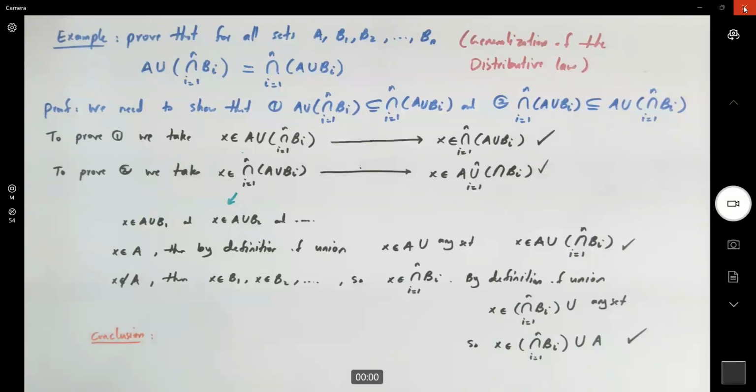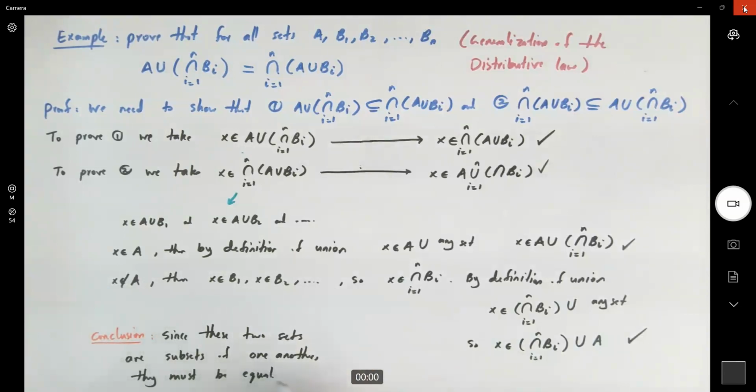Conclusion: since these two sets are subsets of one another, they must be equal. There is no other choice, and we're done with our proof here.